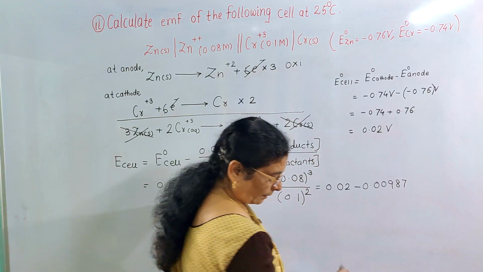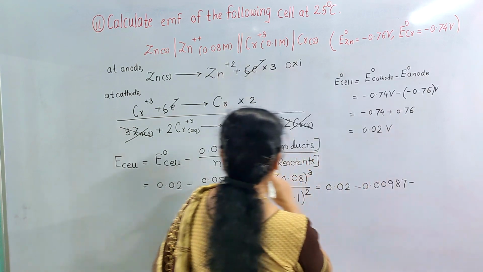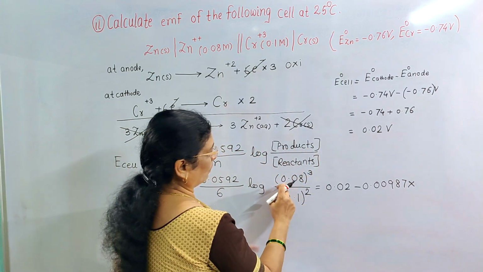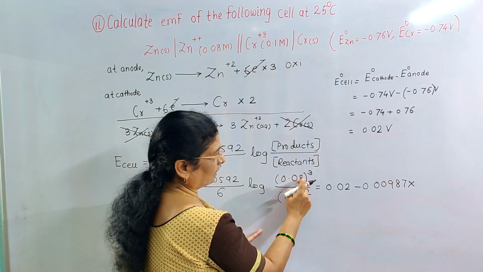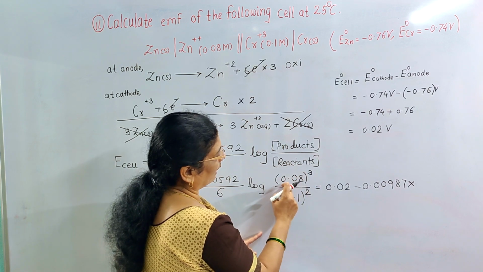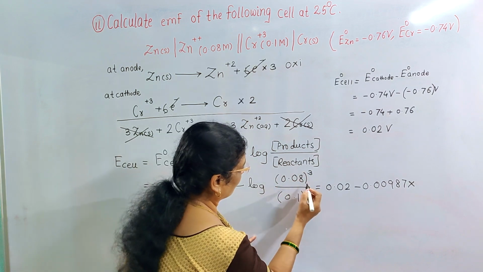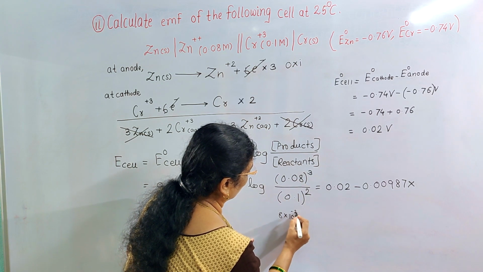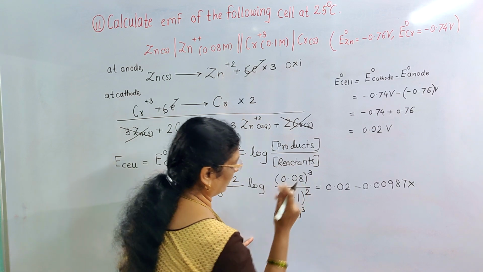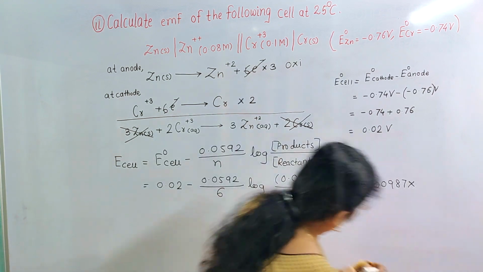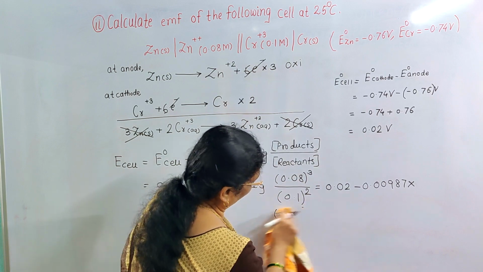0.00987 minus into log of 0.08 raised to 3. Cube of 8 is 512, and so here you can write it as 8 into 10 raised to minus 2, whole raised to 3, that is the cube of 8 is 512 into 10 raised to minus 6.